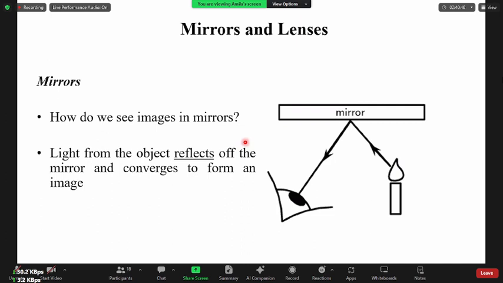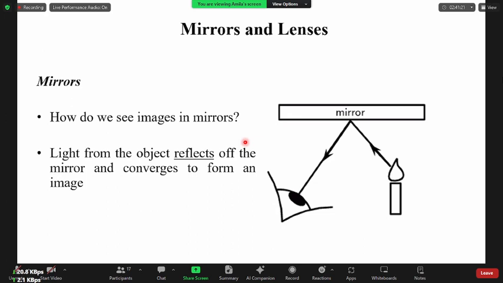Right. Now let's give our attention to mirrors and lenses. Now you know the phenomena of reflection and refraction, then the critical case, then total internal reflection. Mirrors and lenses are among the objects that you deal with in your day-to-day life.